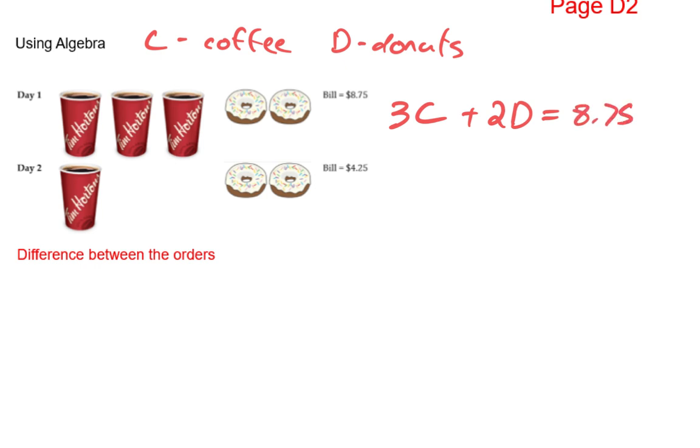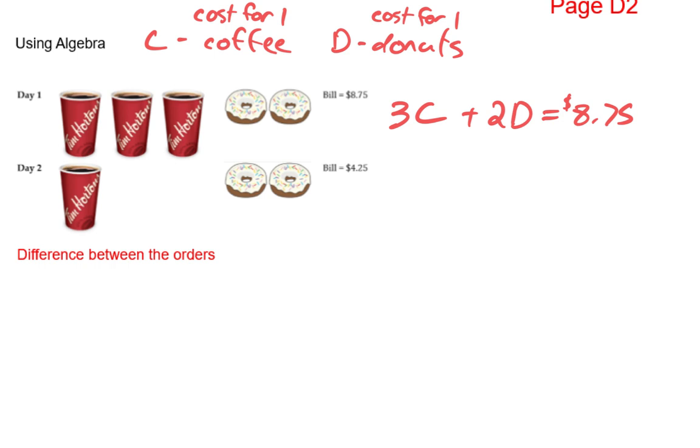$8.75. Okay. Now, in saying what C and D are, I've been a little bit lazy here. I really should say that C is the cost for 1 coffee, because 3 times the cost for 1 coffee plus 2 times the cost for 1 donut is $8.75.